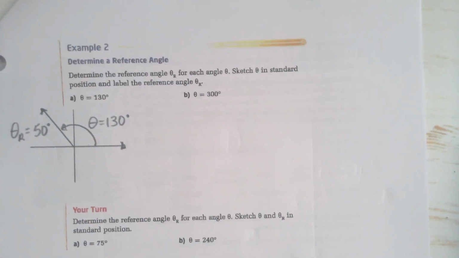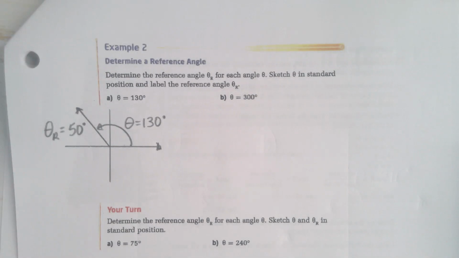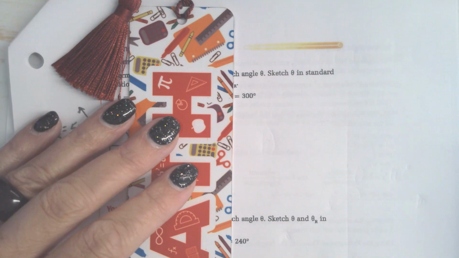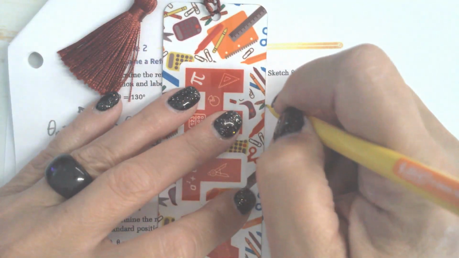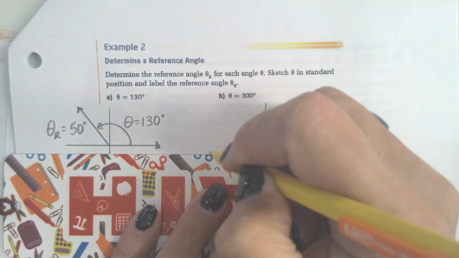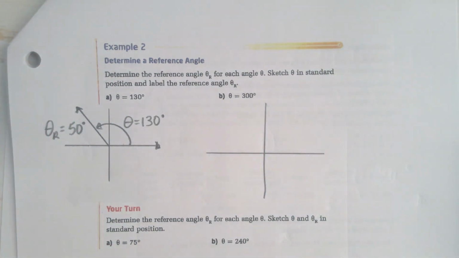And then your quadrant. Does it ask me what quadrant? No, I don't need it. Okay? All right, B, 300 degrees, right? We are in quadrant 4 with a reference angle of how big?